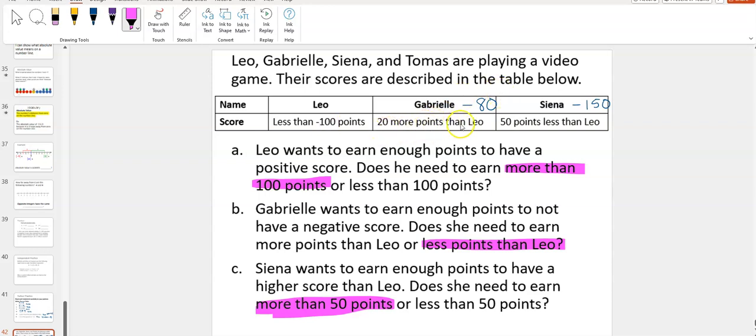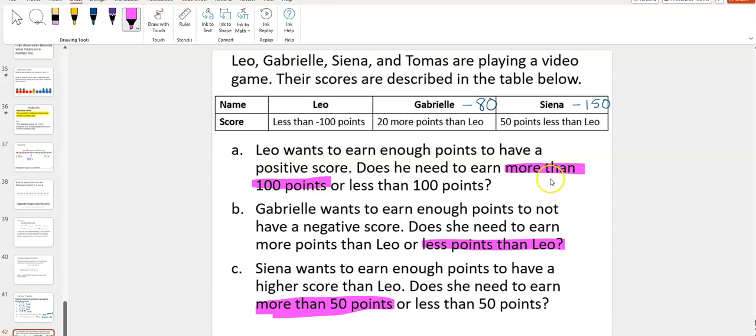Gabrielle has 20 points more than Leo, so probably around negative 80 if he had negative 100. Sienna has 50 points less than Leo, so she's sitting at negative 150 or less because it depends on where Leo is. We don't know if he's at negative 100. It says less than that, so somewhere less, farther left.